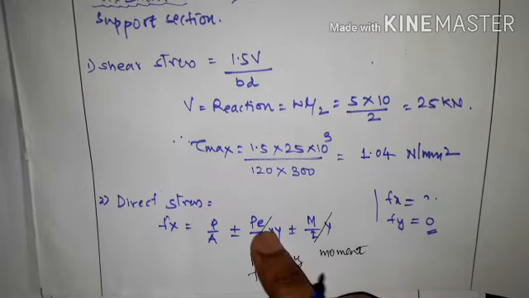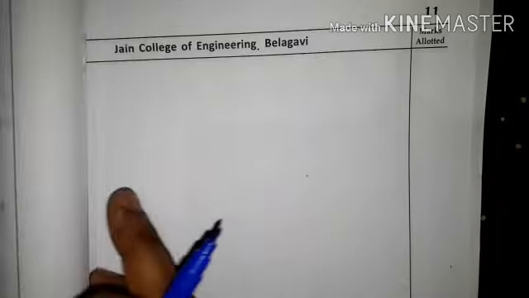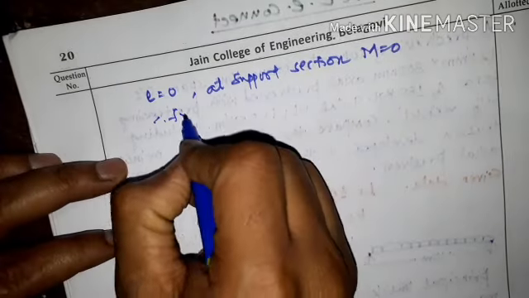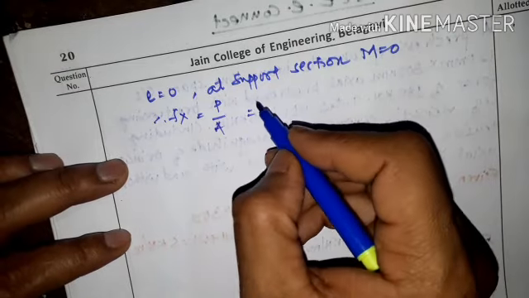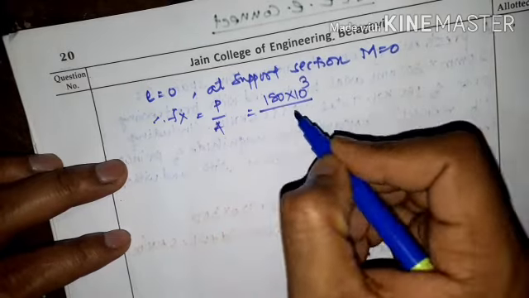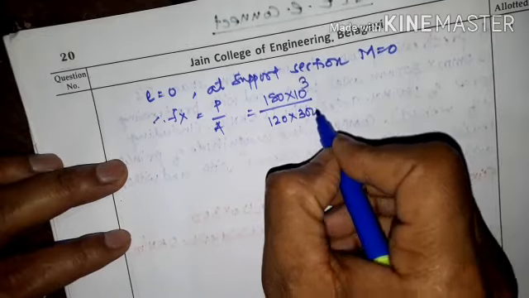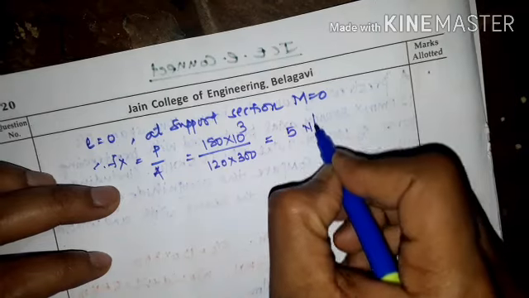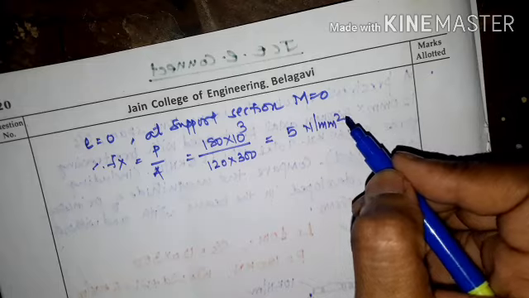So we are left with only P by A. Therefore Fx is equal to P by A. P is given as 180 into 10^3, the prestressing force is 180 kilonewton, and the area is 120 into 300. We get Fx equal to 5 Newton per mm square.